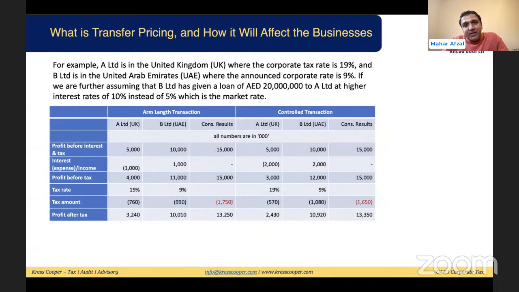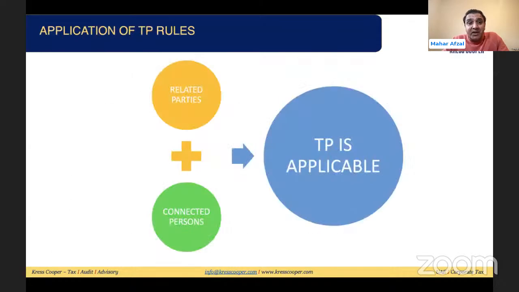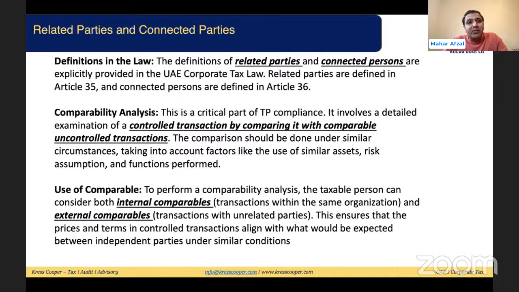This is applicable to domestic transactions, to cross-border transactions, when the transaction is made with a related party, and when it is made with a connected person. Related party we have discussed, connected person we have discussed.